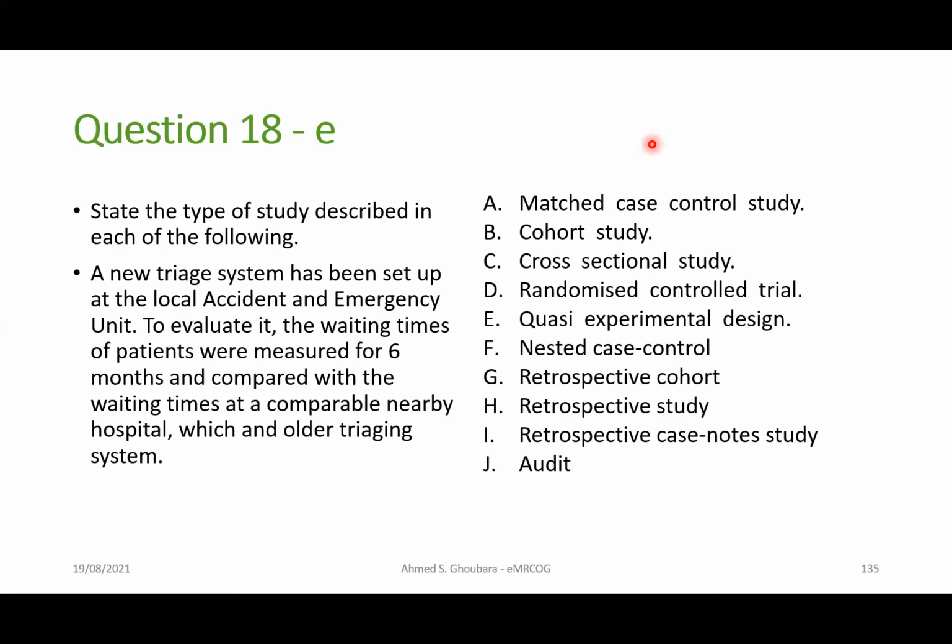Standards would mean, for example, that the waiting time shouldn't be more than 4 weeks. Are we up to this standard or not? This is an audit.